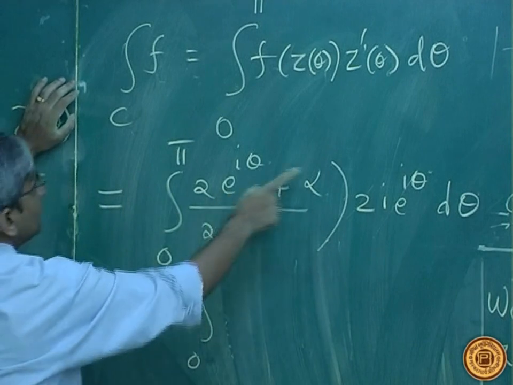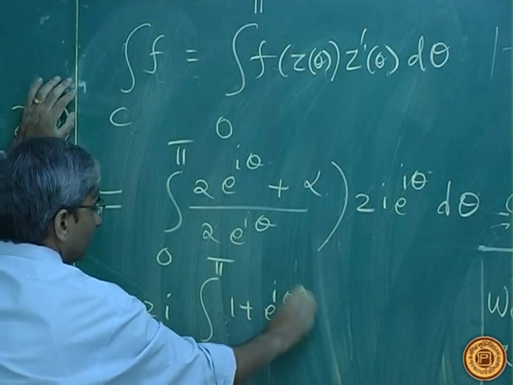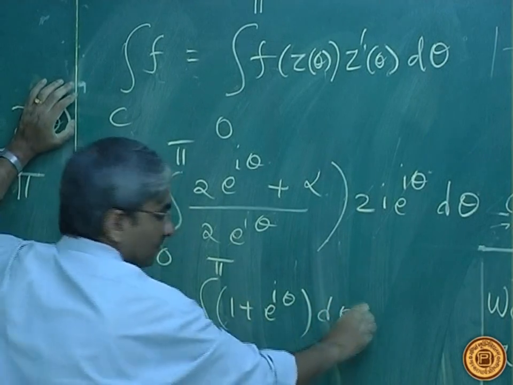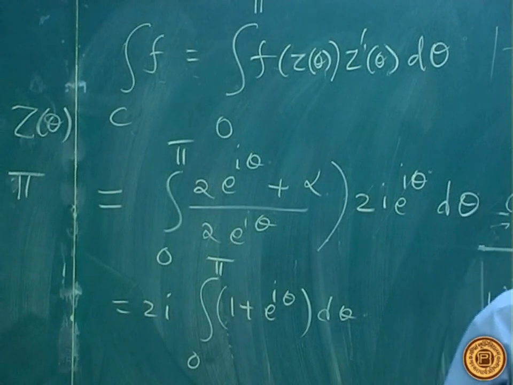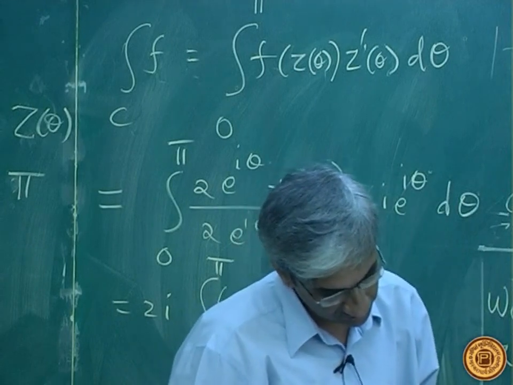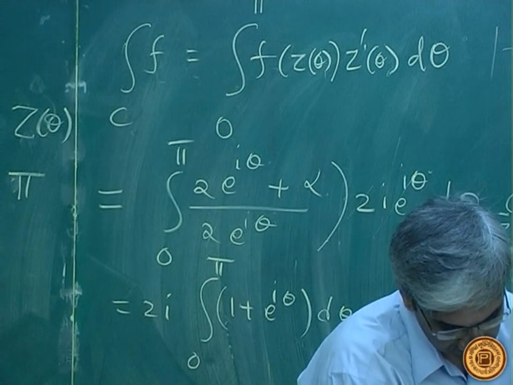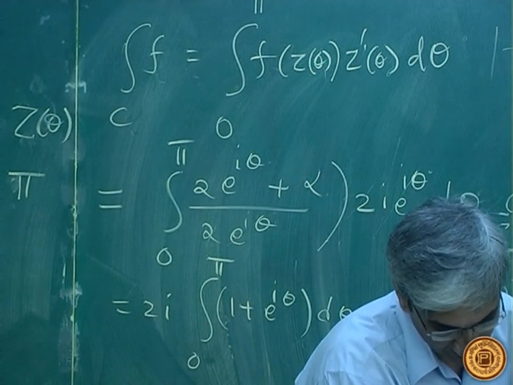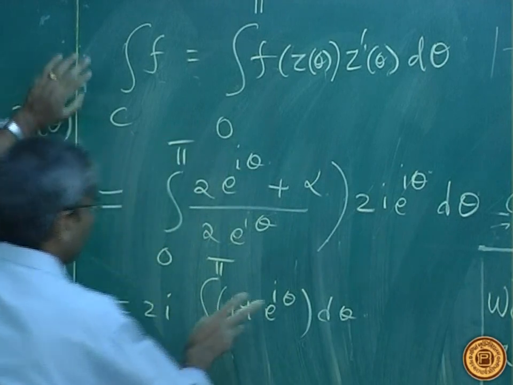So it is 1 plus e raised to i theta, d theta, from 0 to pi. So 2i outside, 1 plus e raised to i theta. So now you integrate this.